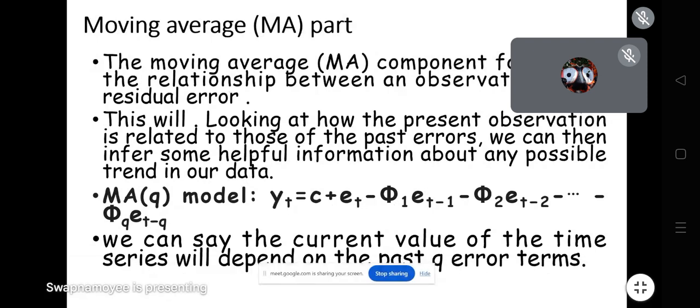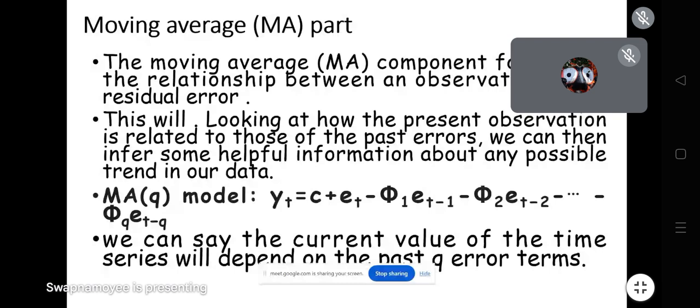So Yt is a function of the past errors: et is the current error, then the error 1 lag back, 2 lags back. You are regressing your current dependent values on the past error terms, which is the error remaining after you have subtracted all the explained variables.